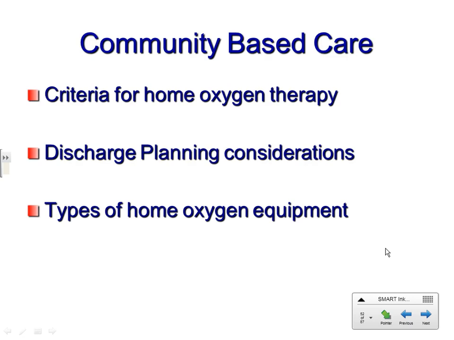But you're not. Okay, a little bit on community-based care for patients that have had respiratory issues, because they are things that you're going to encounter, either if you're the home care nurse or you're the person setting up the discharge process for your patient. So patients need to meet certain criteria in order for Medicare and other insurances to pay for their home oxygen.